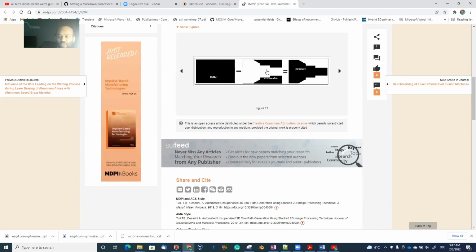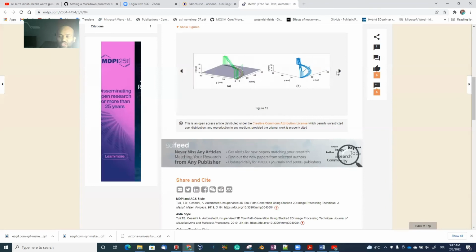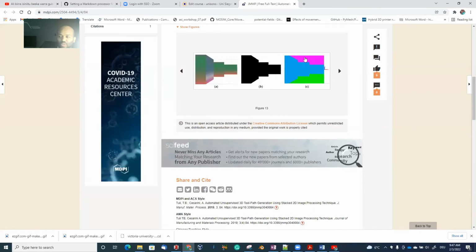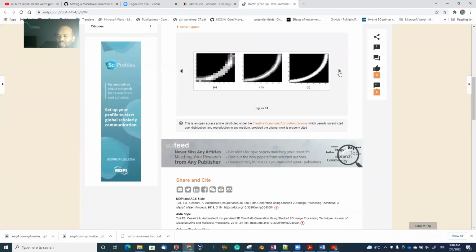Assume this is the product you want, but from the stock, this black part in the middle has to be removed. This is the inverted part of this image, and then I get these black pointers, and the black pointers have to be converted into G-code, just like this. This is not color, actually it is lines, these multiple lines, with a very precise distance.